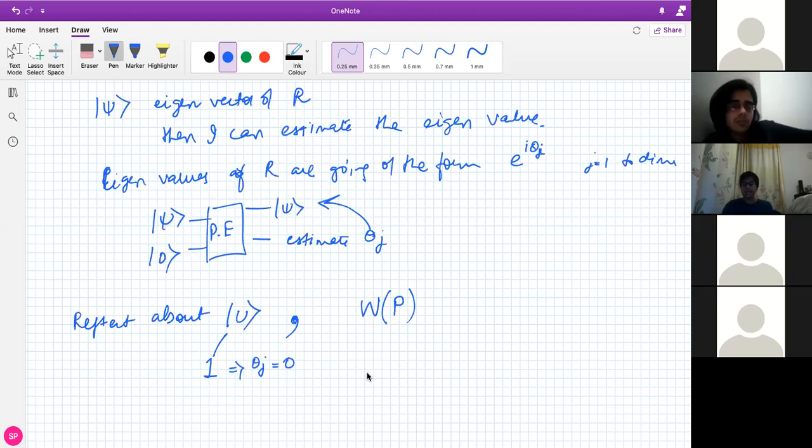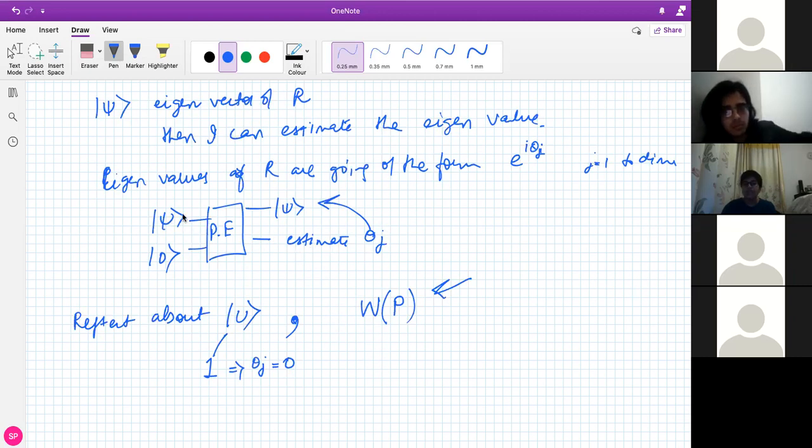Now, if I have any other vector, say U perp, that means this phase estimation algorithm is going to give me some other theta value, right? Whatever input comes in, I can put it in the phase estimation algorithm. If I got U, I'm going to get 0 here.